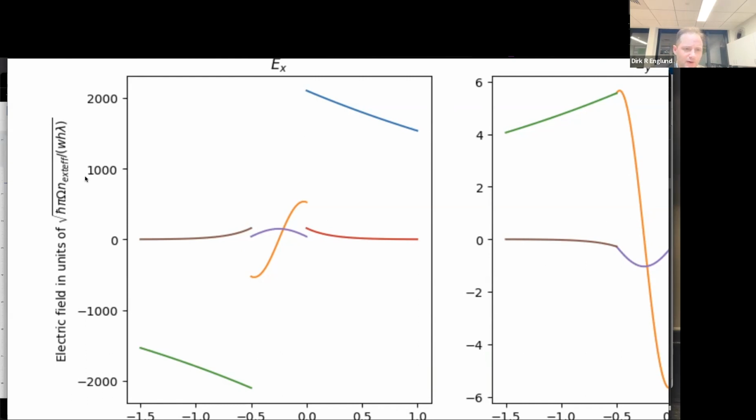This would be the vacuum field. And then to get what the electric field would be for an n photon field, for a coherent state with a mean photon number alpha squared, the electric field of the vacuum would be multiplied by alpha.